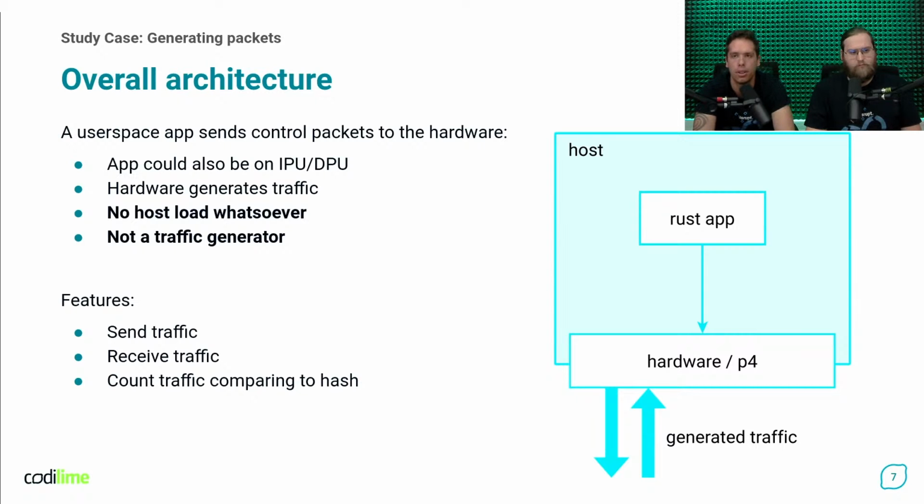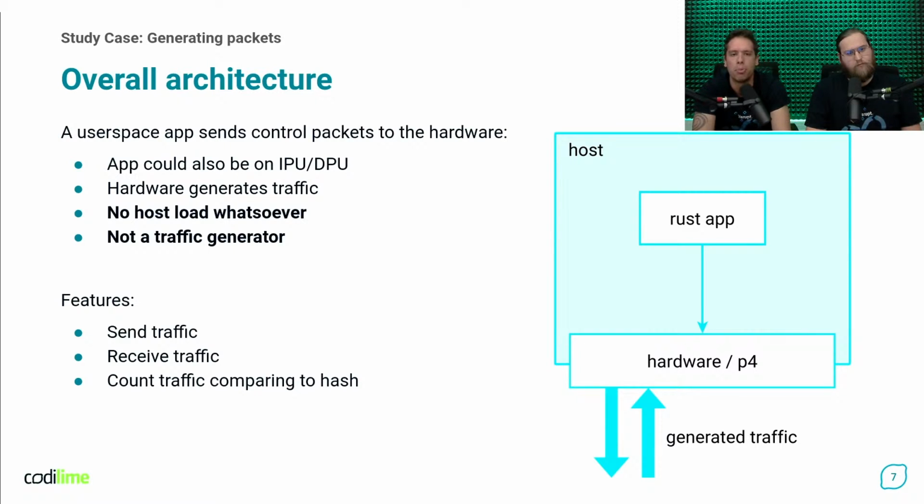There is no load on the host, so there is, I would say, an implicit performance gain. Even if the traffic itself is not faster than it would be if generated on the host, the host resources are free to do anything else. So that's pretty nice.